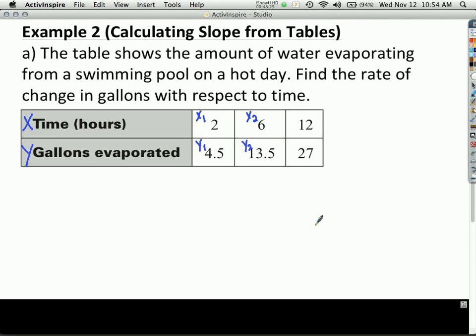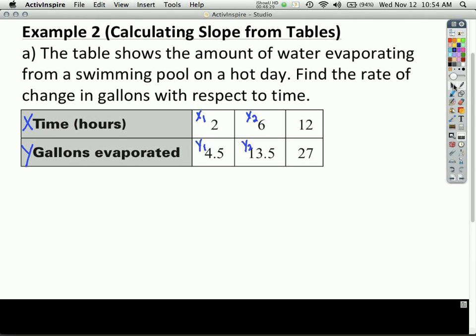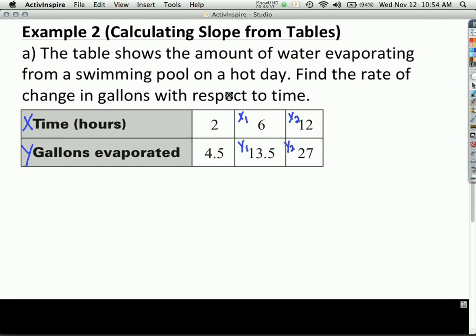I would like everyone on this side of the room to label your table like this. And I am going to do it the third way.